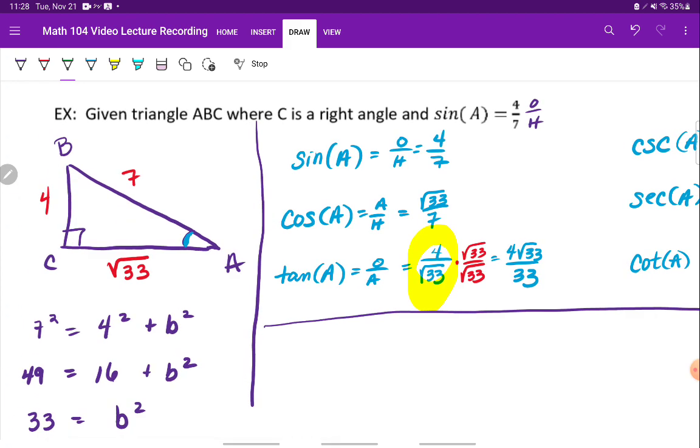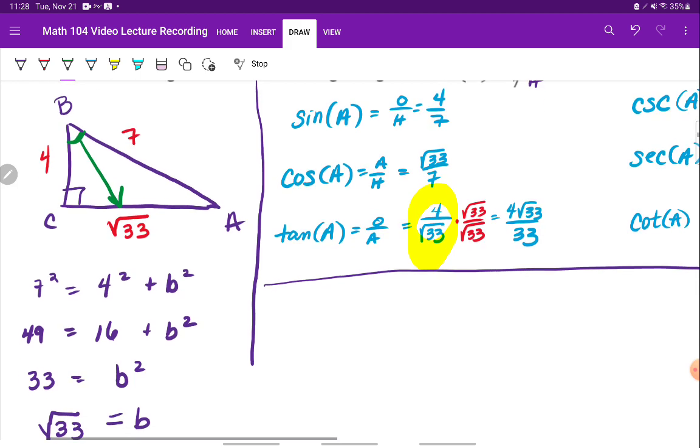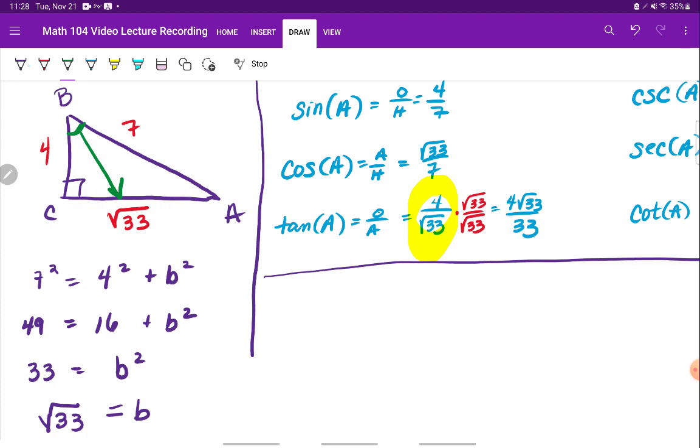Next, we want to find our 6 trig functions, this time for angle B. So our opposite side changes. Now our opposite side is the square root of 33 and our adjacent side is 4. Let's start with sine.